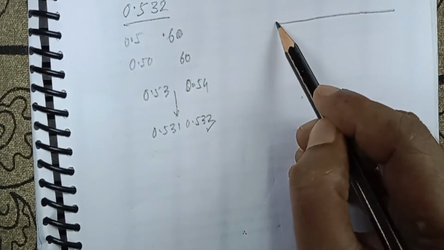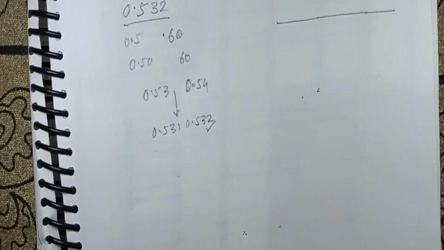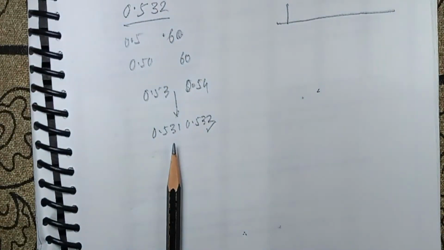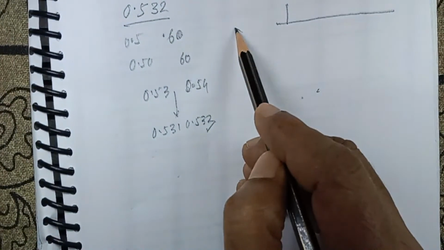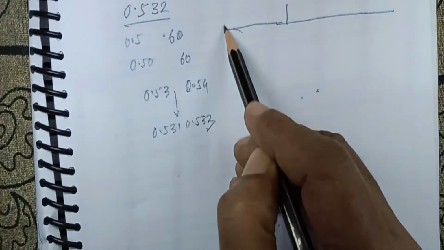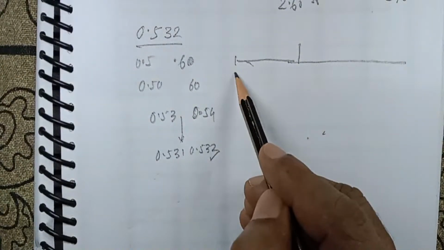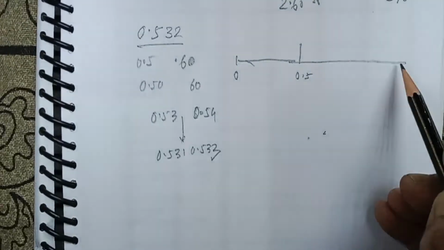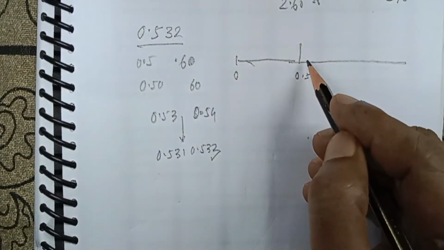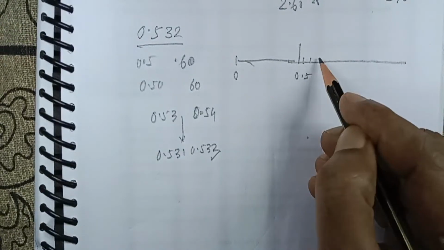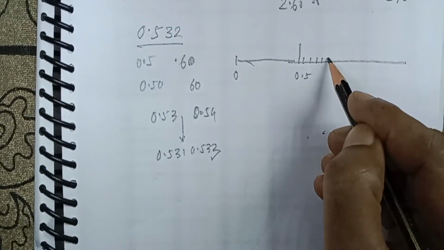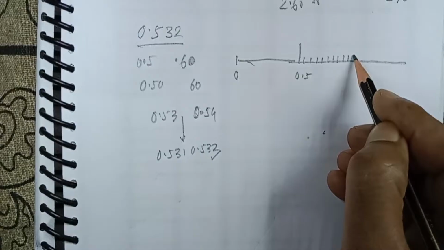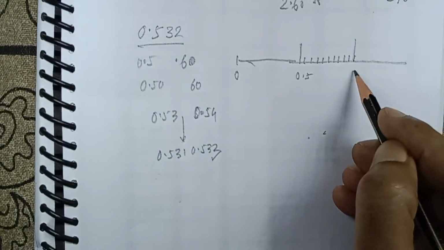You have to represent this one: 0 line, this one 0.5, and make 10 divisions. 1, 2, 3, 4, 5, 6, 7, 8, 9, 10. That will be one position.